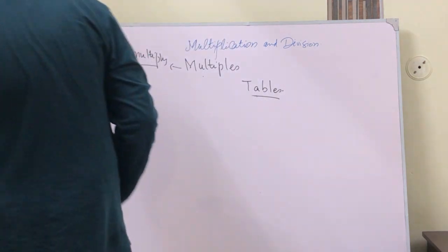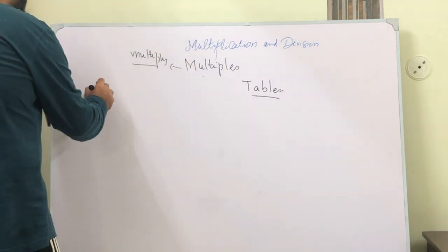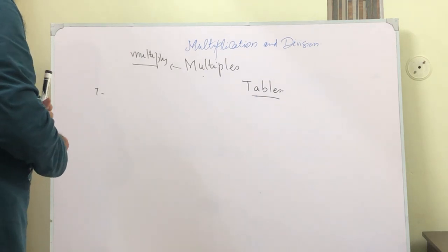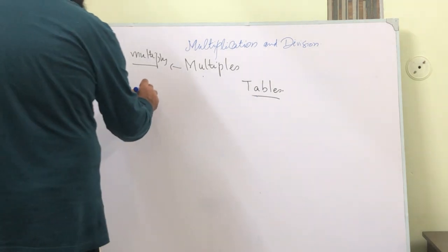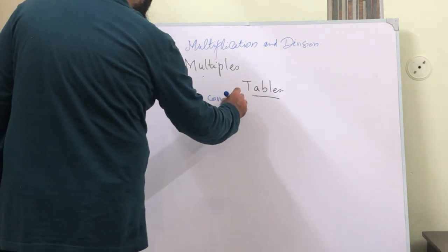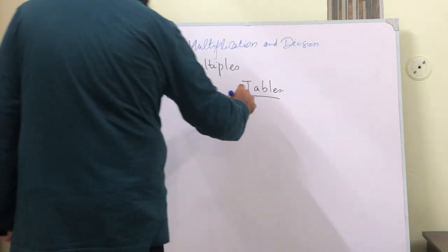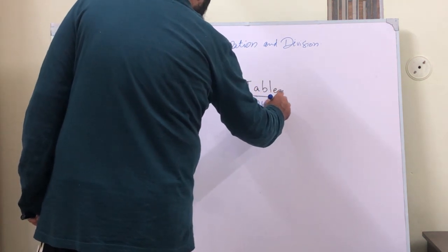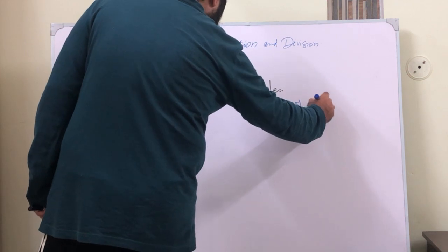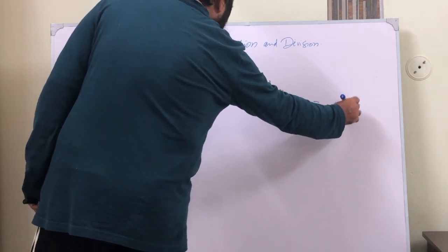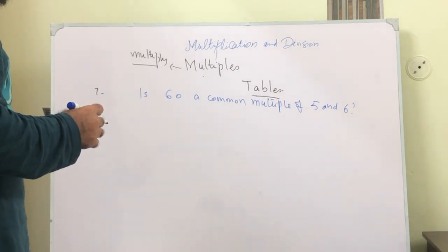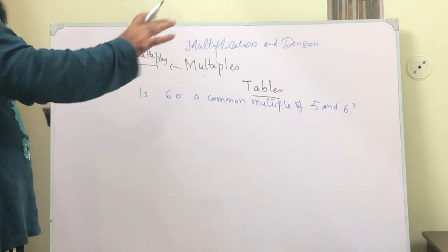Point number 7 is: is 60 a common multiple of 5 and 6? We need to see the multiples of 5 and 6, then we see whether we get 60 in both the lists.